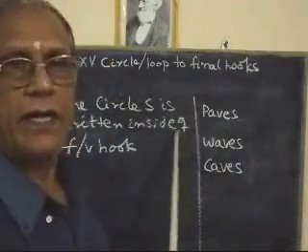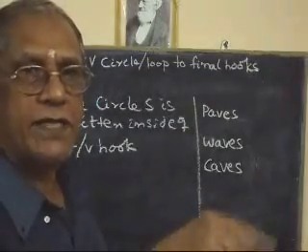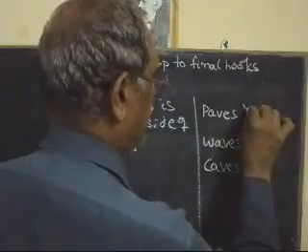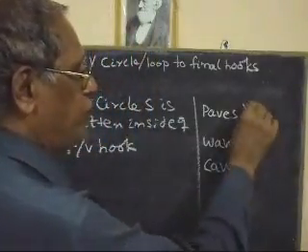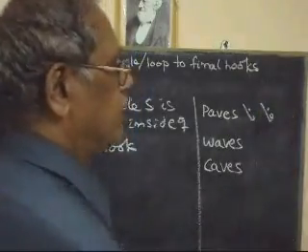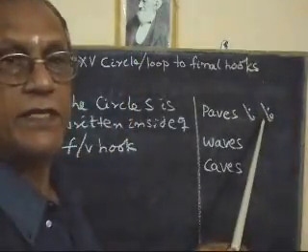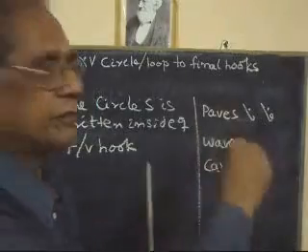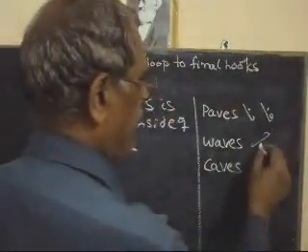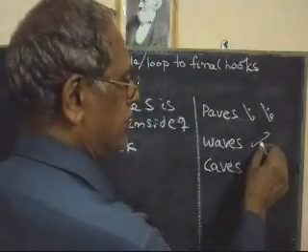So the circle S is written inside the F or V hook. See, pave. Suppose you write pave, paves. That circle S is written inside the F or V hook. Okay. Wave, waves.